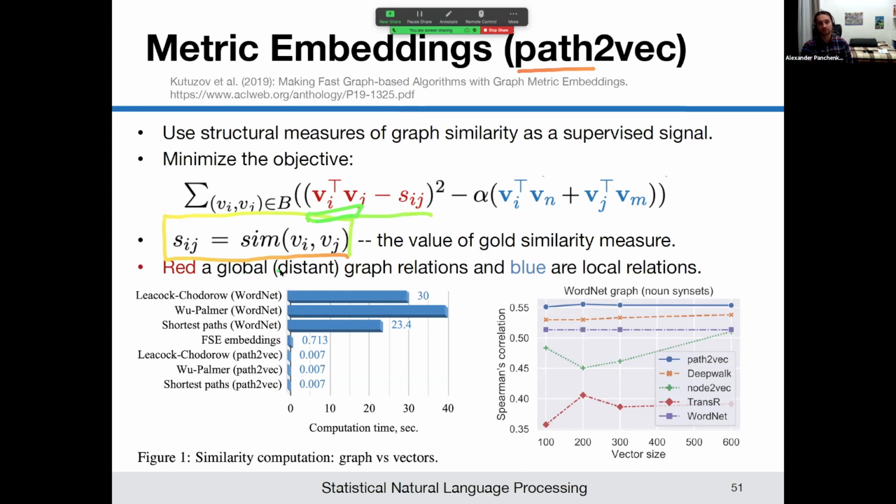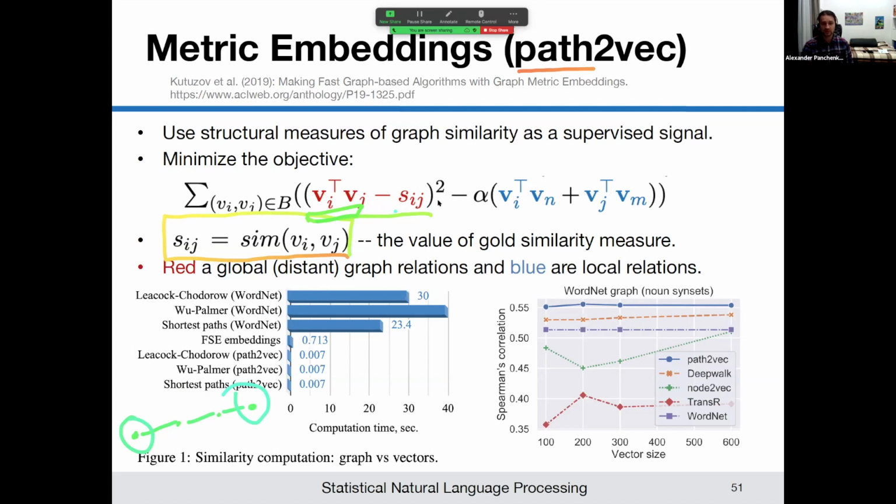This would represent some kind of global distance in the graph, because these pairs of nodes might not be directly connected. They might be located in completely different parts of a graph. And if there is some path between them, you still have to predict it more or less correctly, right?